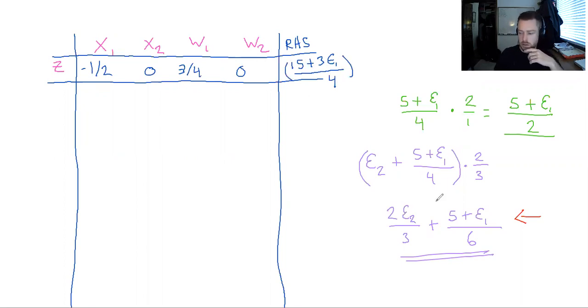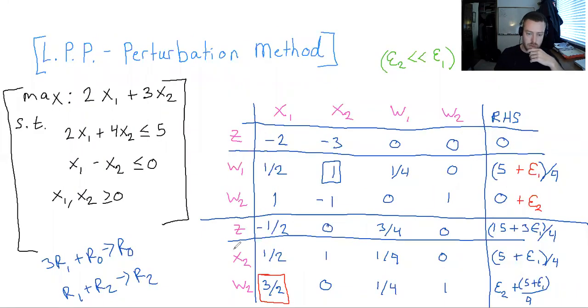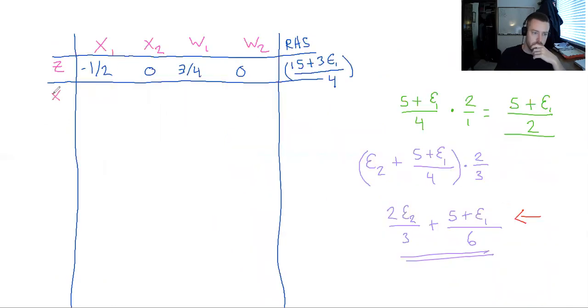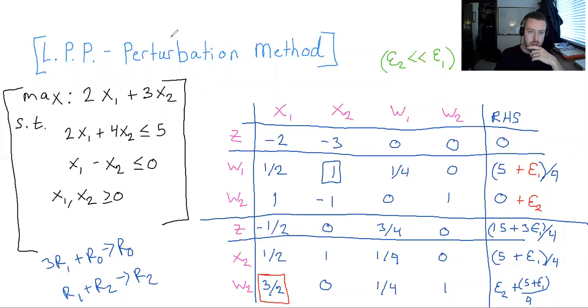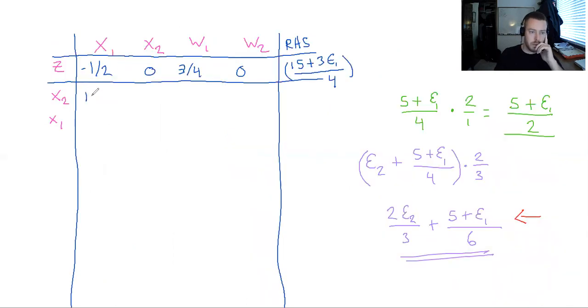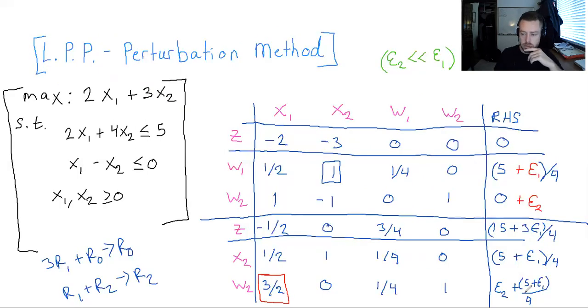Okay, now what were our variables here? So it's going to be x2, and this one's going to be changing down to x1, right? So x2, x1. All right, now what was our thing there? It's going to be 1/2, 1, 1/4, 0, 5 epsilon 1 divided by 3.